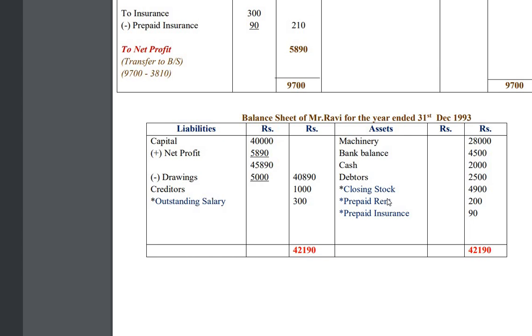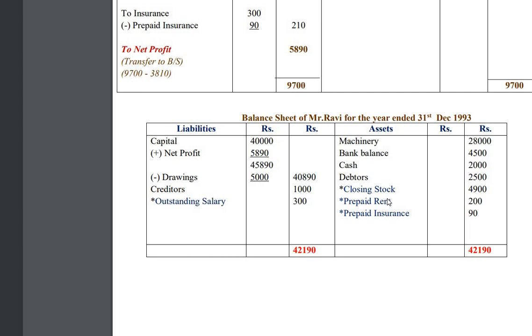The next one, the preparation of the balance sheet. Balance sheet of Mr. Ravi for the year ended 31st December 1993. Now, on the liability side, we are going to record the capital amount. With capital, we are going to add the net profit. If we get a net loss, that has to be deducted from the capital account.